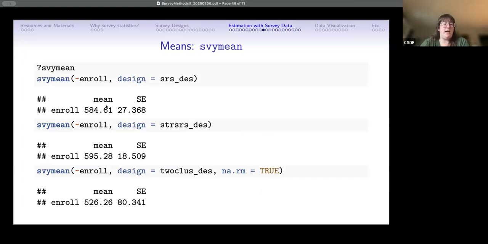We see that we have higher estimates again for the simple random sample and the stratified simple random sample than we do for the two-stage cluster. We have much smaller standard errors in the simple random sample and stratified design than we do in the two-stage cluster, as expected. And again, we see that we have a much more precise estimate in the stratified design than the simple random sample.